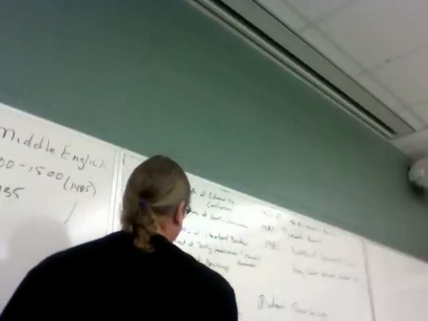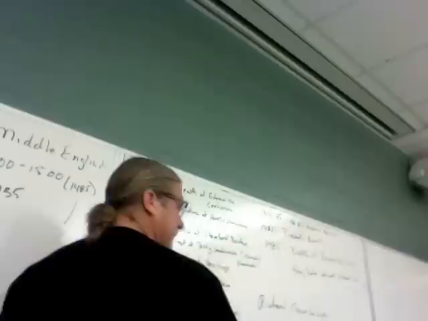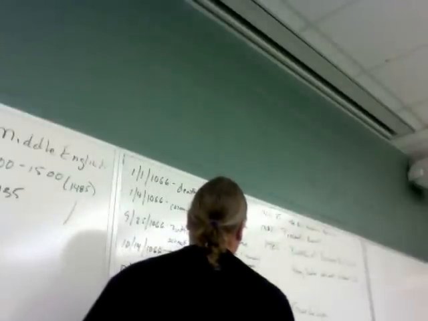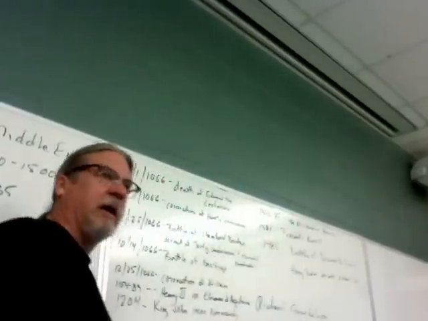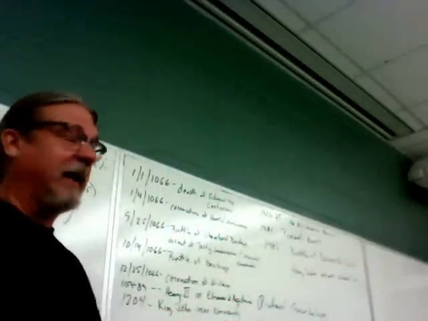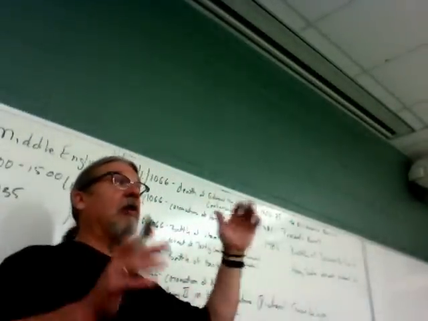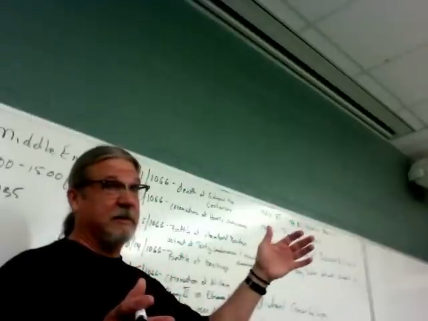1154 to 89. Henry II, who marries Eleanor. Eleanor of Aquitaine. Aquitaine's a province in France. One, she's hot. Two, Aquitaine is a large province in France.